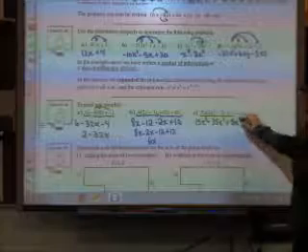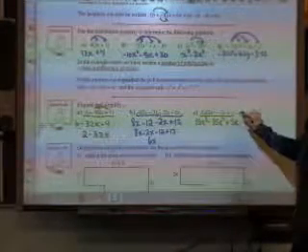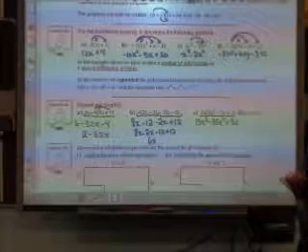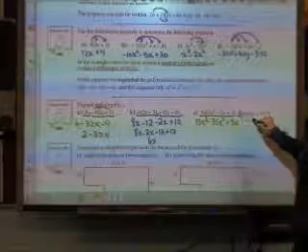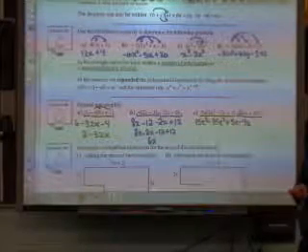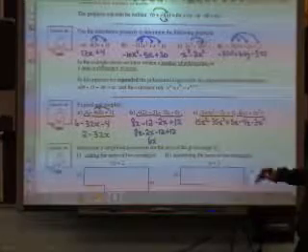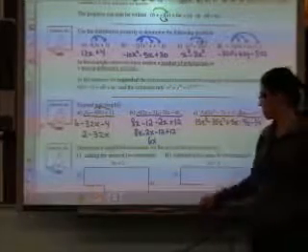This negative times 4x plus 3x squared, think of it as being a -1. If I take -1 and multiply it by 4x, I get -4x. -1 times 3x squared, -3x squared.